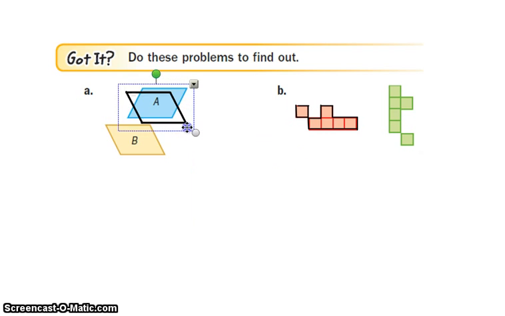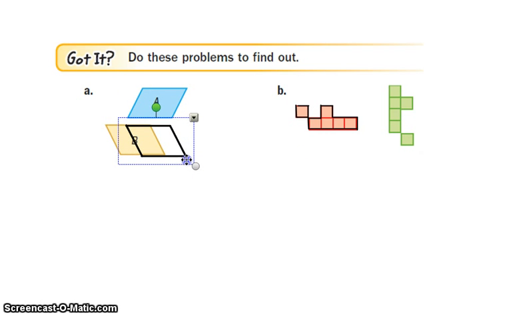Okay. If I reflect figure A, this is where it would be right here. Okay, so there's our reflection. Now to finish it, let's do a translation and let's slide it. And does it fit right over top of figure B? Yes, it does. Therefore, quadrilateral A and B, they are congruent because we reflected it, then we translated it right on top of each other.